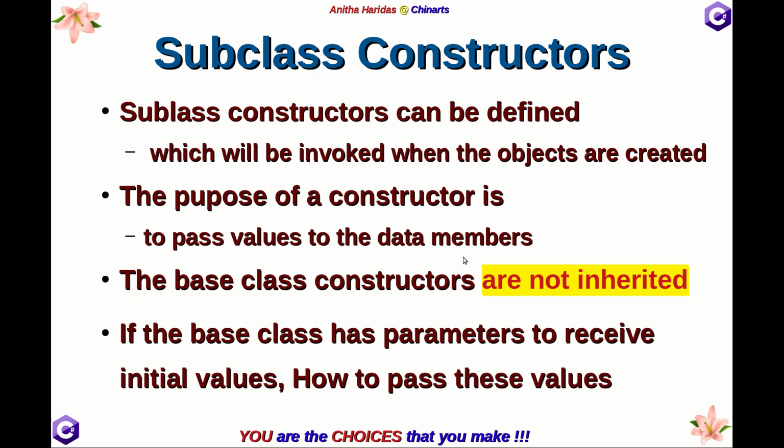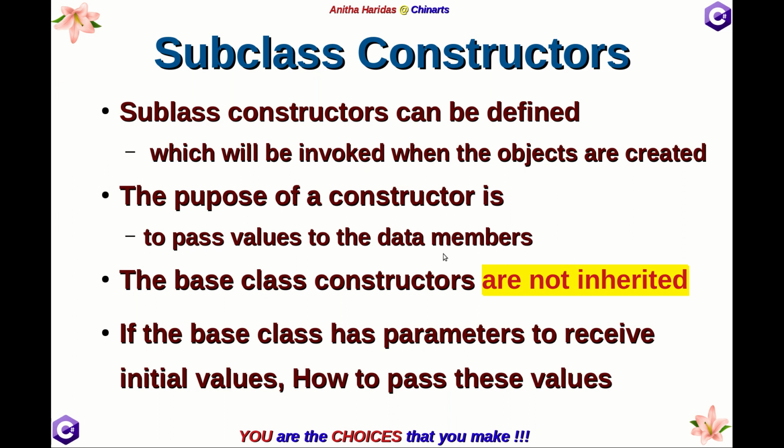If we want to set initial values, or initialize a data field, we define a constructor for a class. We have also discussed different types of constructors. We can have a default constructor overridden, or we can have a parameterized constructor, or a static constructor. All these things we have discussed in our previous videos.